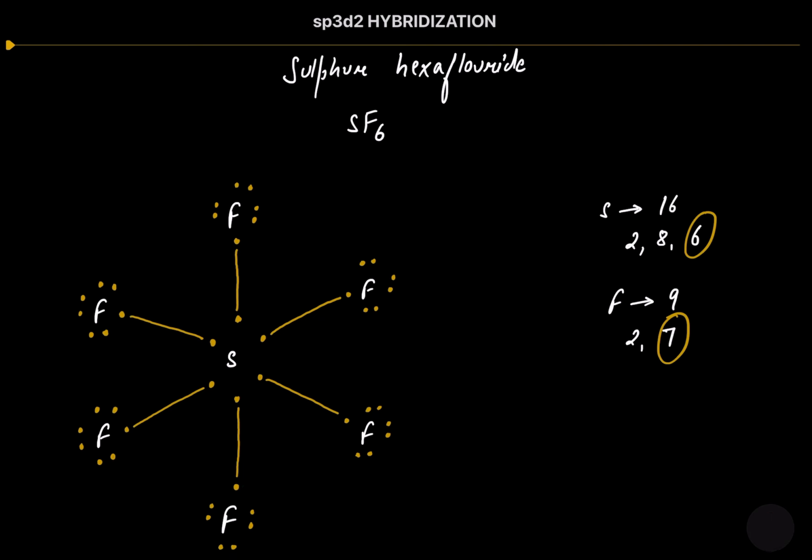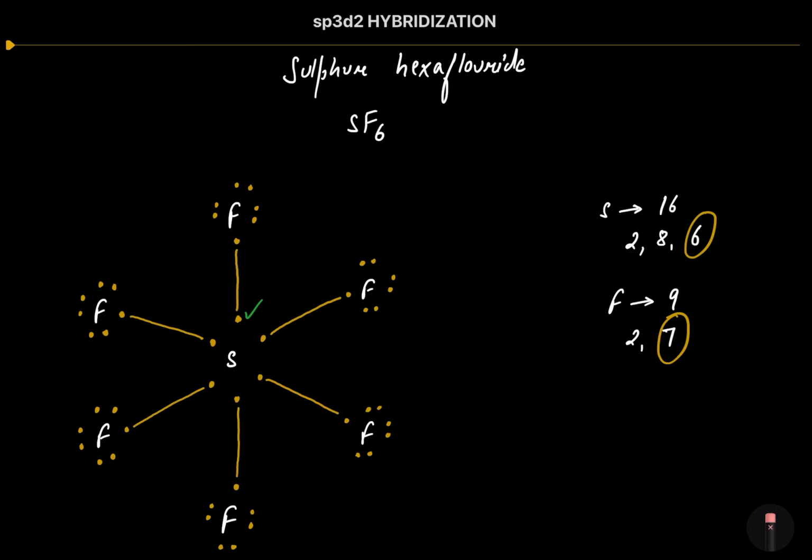Likewise, the fourth fluorine, the fifth fluorine, and the last, sixth fluorine each have 8 electrons, so all have attained octet after the formation of one bond with sulfur.